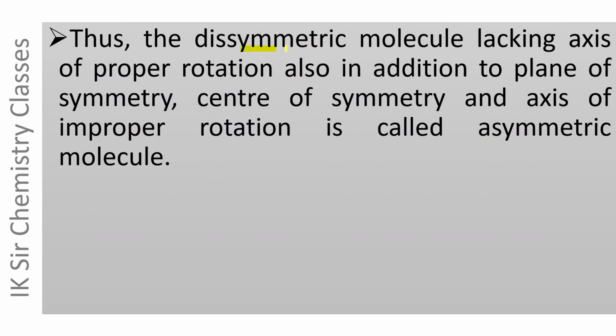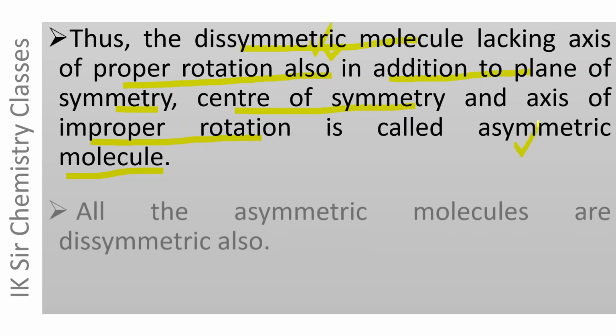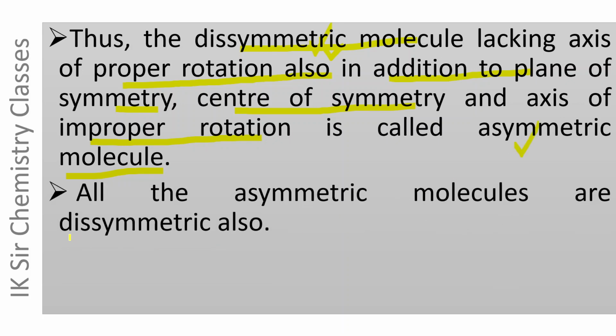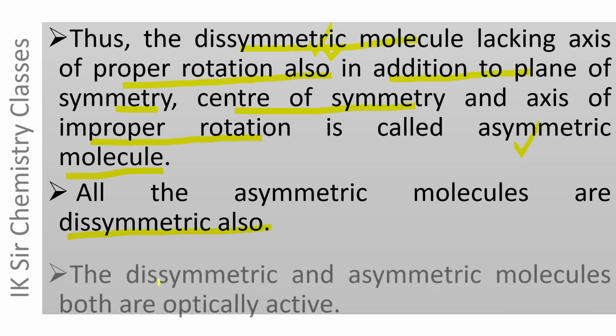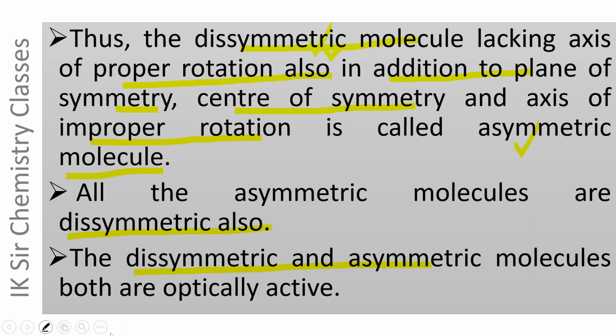Thus, the dissymmetric molecule lacking an axis of proper rotation also, in addition to plane of symmetry, center of symmetry and axis of improper rotation, is called an asymmetric molecule. All asymmetric molecules are dissymmetric also, and both dissymmetric and asymmetric molecules are optically active.